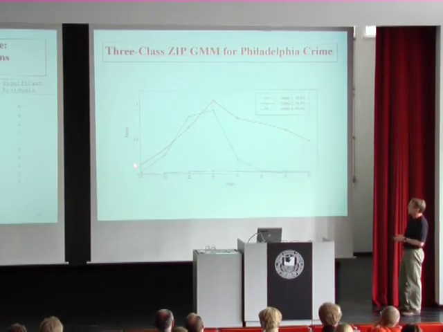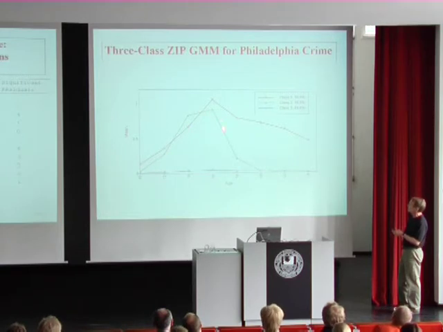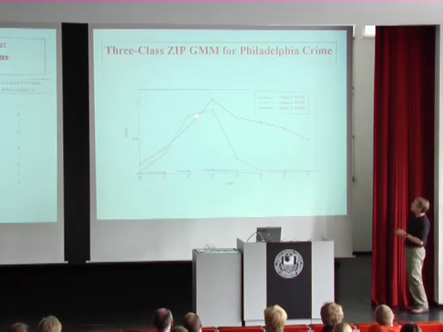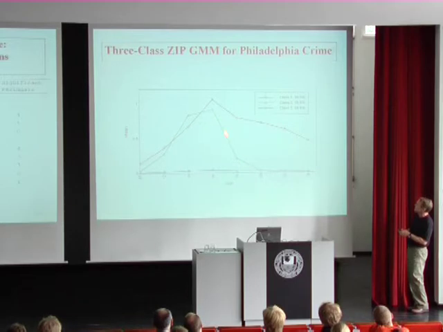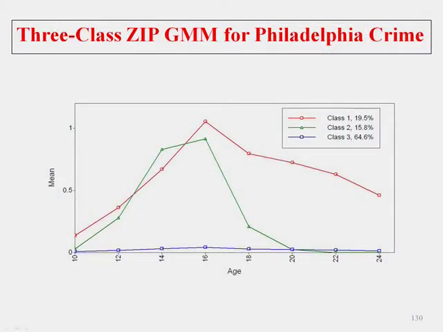And then you have the adolescent-limited development here in class 2. About 16% show adolescent misbehavior around 16, 17, but calm down by age 20. And then you have the life-course persistent criminal behavior for class 1, of about 20% of the individuals.